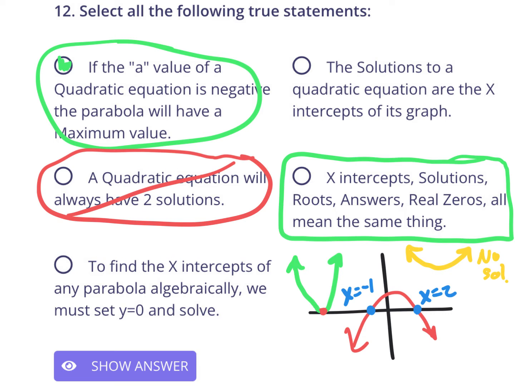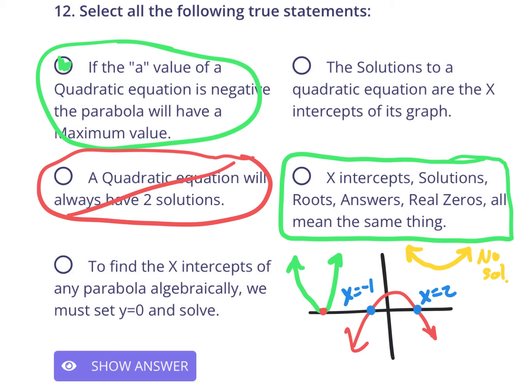Moving on, to find the x-intercepts of any parabola algebraically, we must set y equal to 0 and solve. That is a true statement. Now, I know that we could look at the graph of a parabola and visually say, oh, the x-intercepts are right here at -1 and at +2.